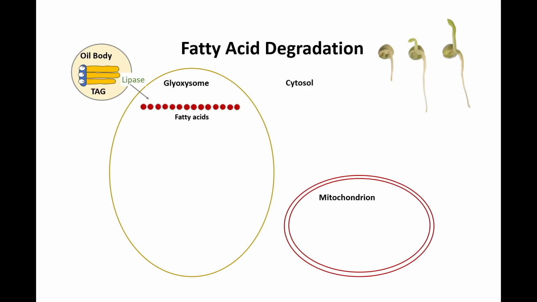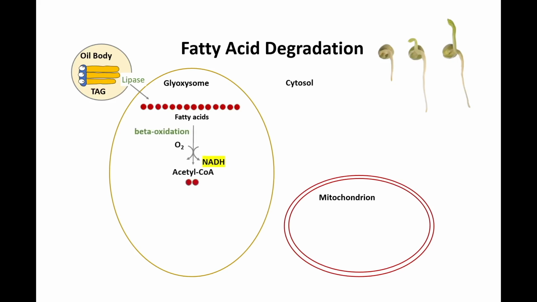The freed fatty acids are going to move into an organelle called the glyoxysome, which is a specialized peroxisome in germinating seeds. In the glyoxysome, fatty acids are sequentially broken down into acetyl-CoA molecules.